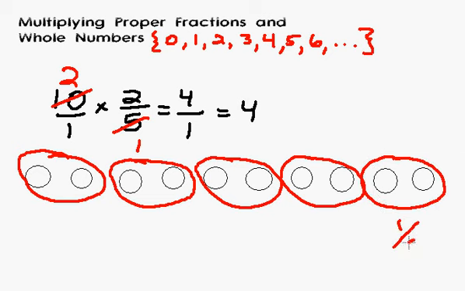So what's in each of these circles is 1/5 of my total amount of 10. If I had 10 pizzas. So if I have 2/5, that would be 2 of these piles. These 2 piles right here, which is 4 of my pizzas. 2/5 of 10 would be 4.